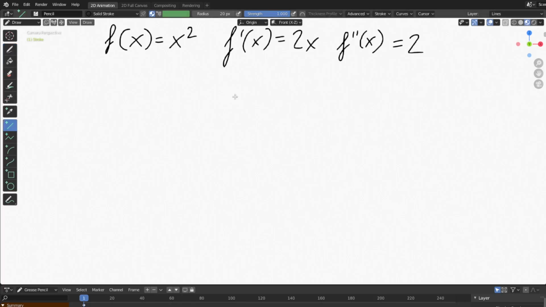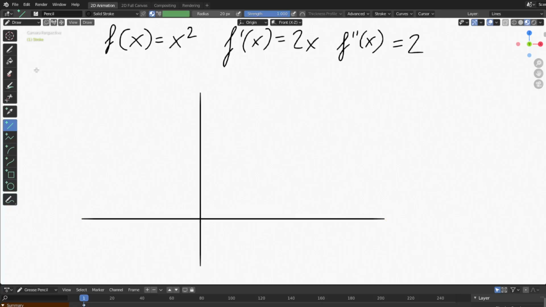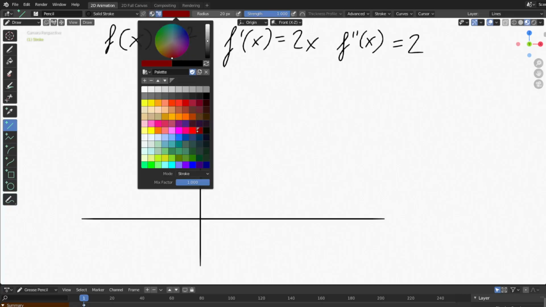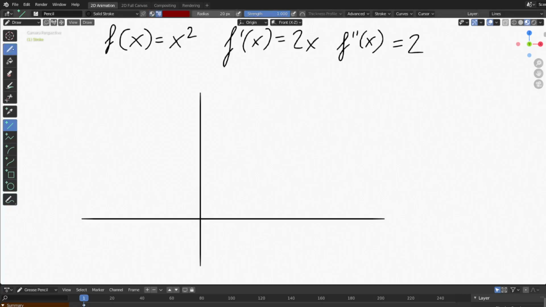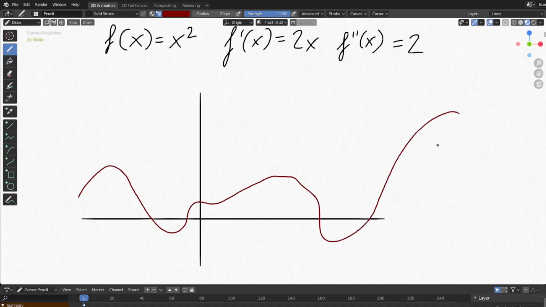I should use the line tool for this. Shift. And then we'll say that this function comes in, right? That's how it works.